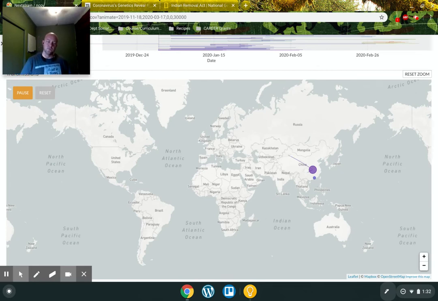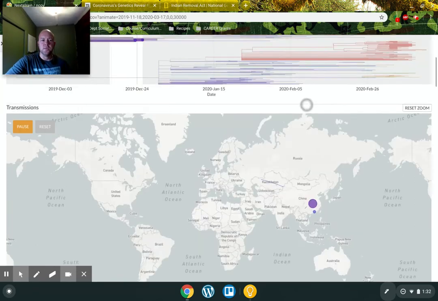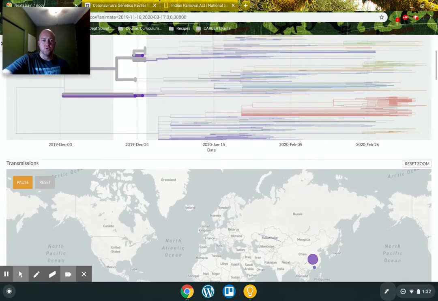Of course, it's going really slow right now because I'm trying to video it. But up here, you can see it tracking over time. The white bar is it tracking over time, and here it goes.